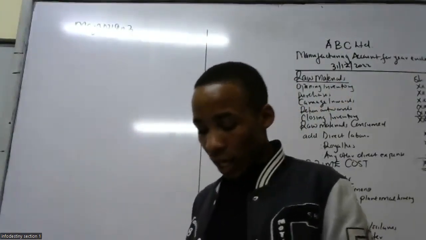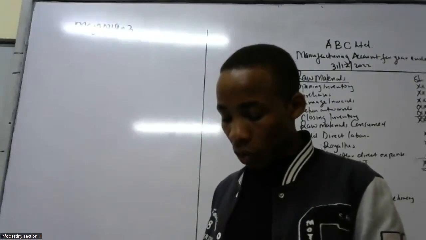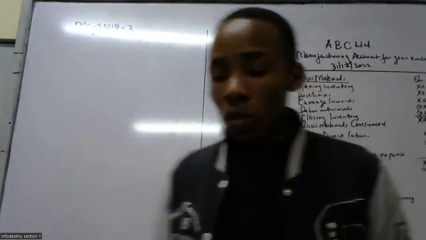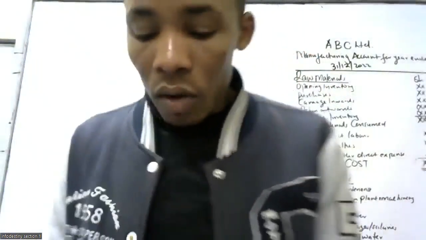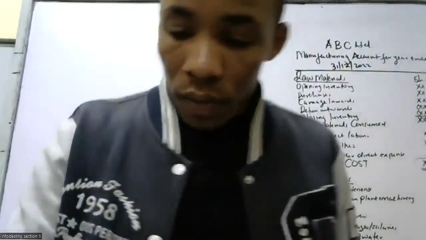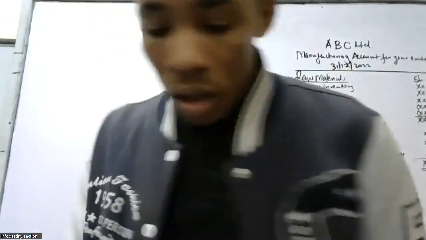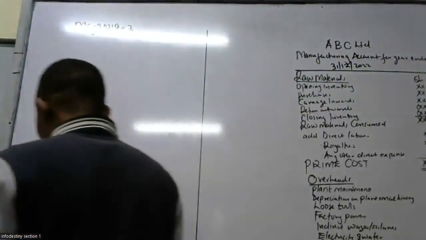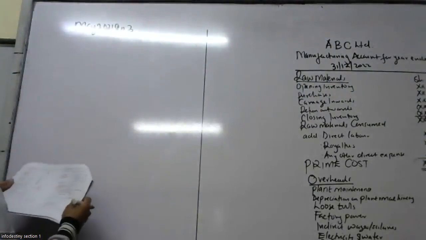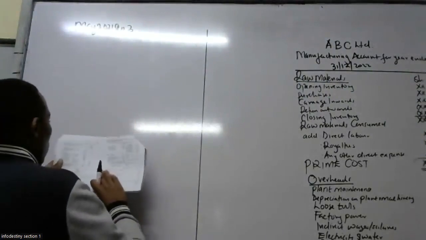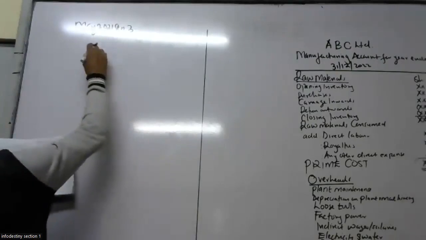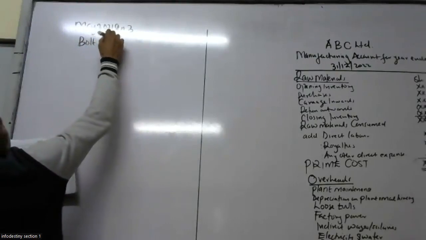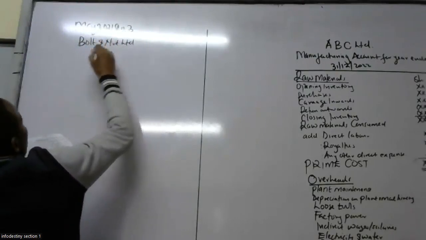Required: manufacturing account and the statement of profit or loss for the year ended 30th September 2020. So we put down that information. We come up with the manufacturing account. Then after getting the manufacturing account, we continue with the income statement. So they just combine them. We have Bolt and Nut Limited.